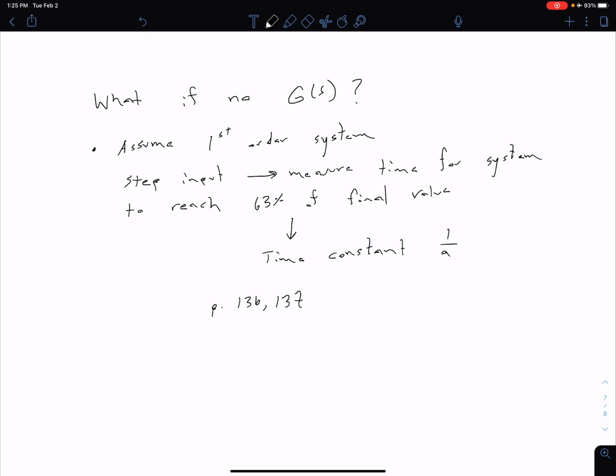So in terms of what it means when it reaches 63% of the final value, we could be talking about a voltage in a circuit, which we measure to see when it reaches 63% of the final value. Maybe we're talking about the position of some component in a mechanical system, or the speed of some component in a mechanical system. So there are a lot of different systems that these ideas can apply to.